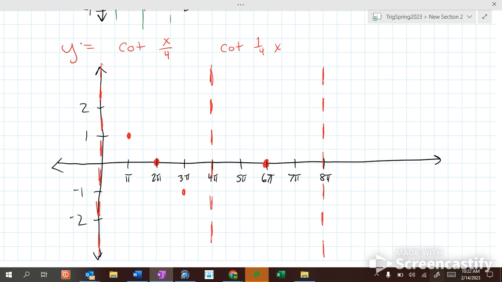Negative 1. So it should come down like this. And then I repeat that. I always like 2 cycles when it comes to tangents and cotangents. So we make sure you know what you know. Okay?